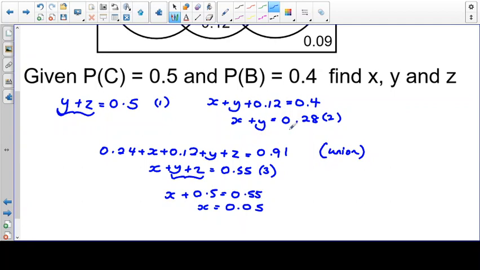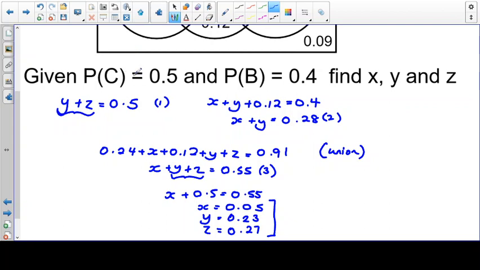Okay, or the alternative, I could have put 0.28 in here and worked out z. If x is 0.05, then we'll put 0.05 into here, y will be 0.23. And if I put 0.23 into here, then z will be 0.27. And then those are your 3 answers.